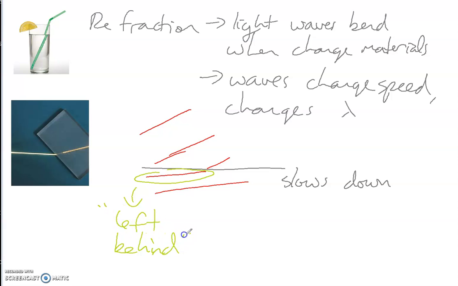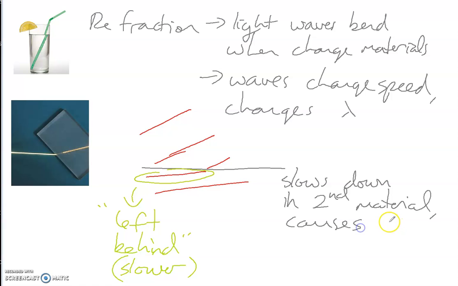Not really, but it's sort of left behind, and that's what causes it to change direction. Since this is the part that is actually slower, that's what causes it to change direction. So it slows down in the second material, and that causes an overall direction change. Okay, and this is how refraction works.